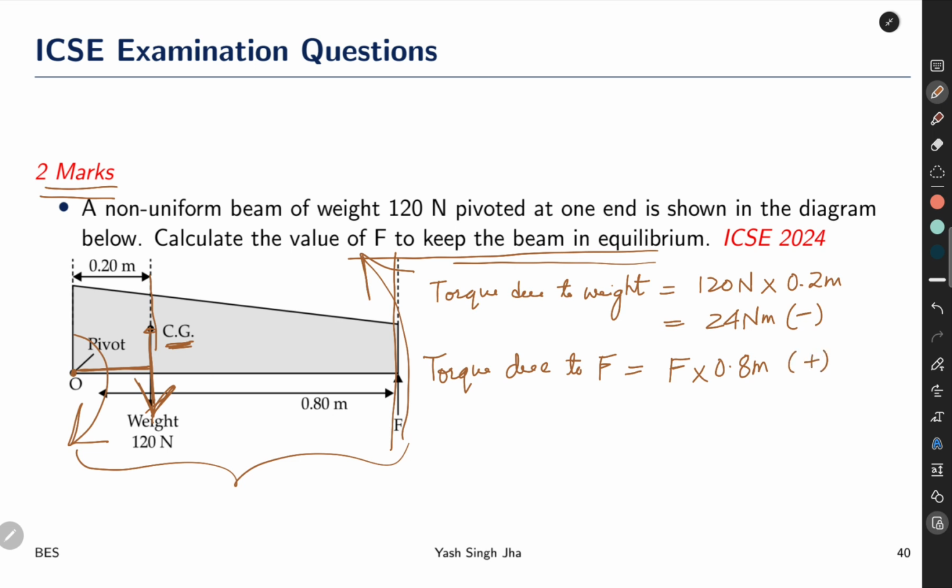In order to have the beam in equilibrium, the resultant torque should be 0. So if I add all the torques, the resultant should be 0. So let's do it.